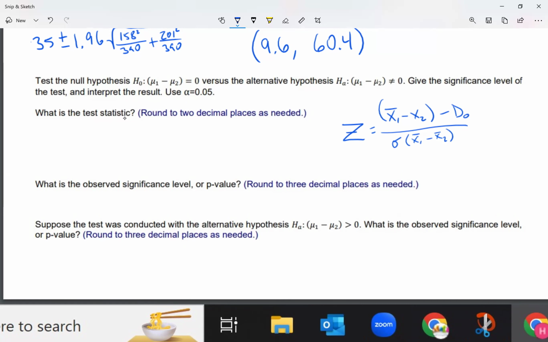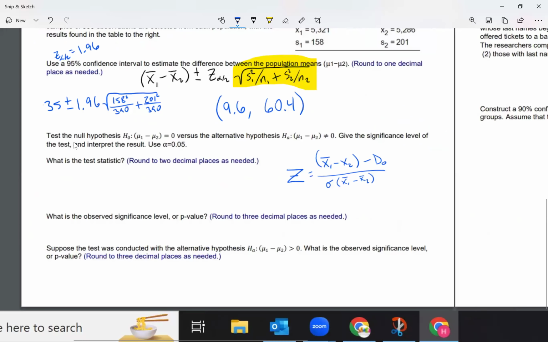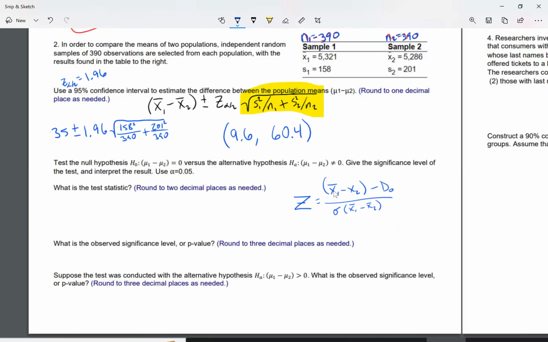Okay, so we have information. I know what x1 crossbar is, x2 crossbar is, so I can do those.